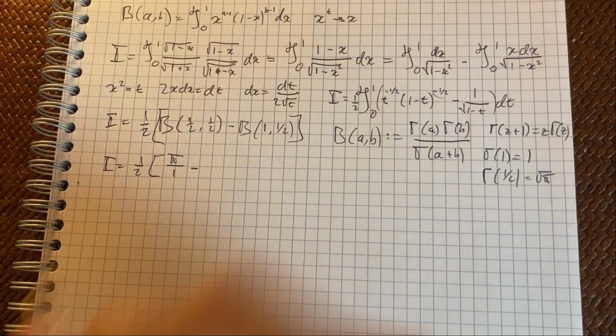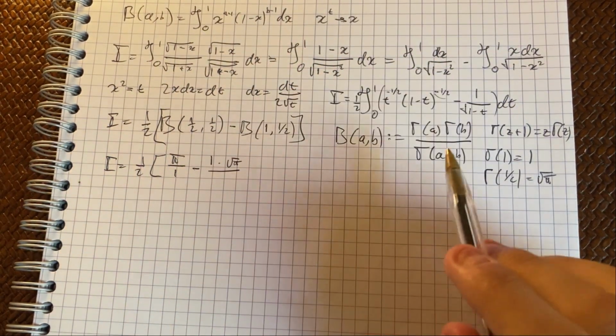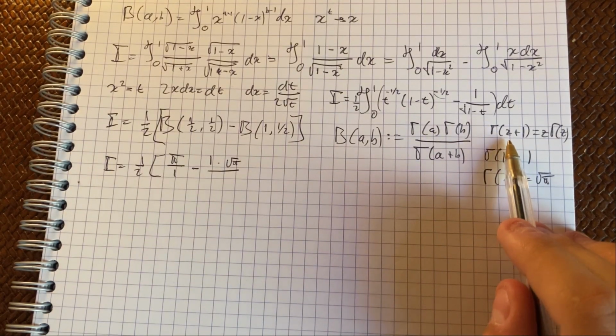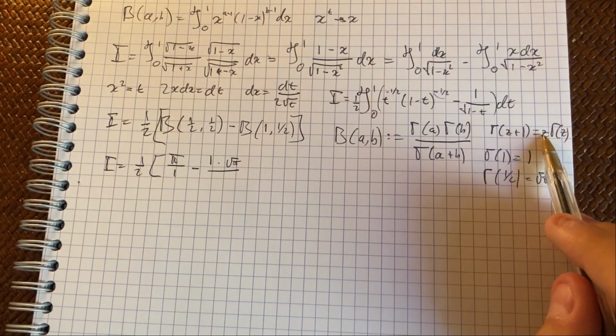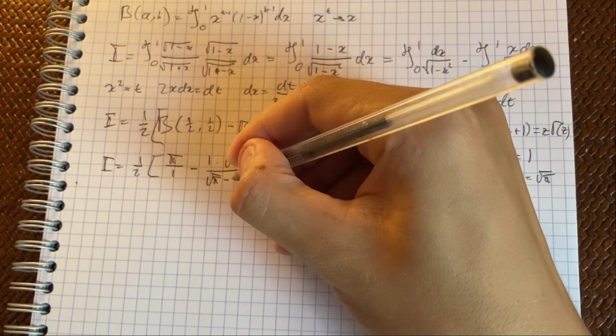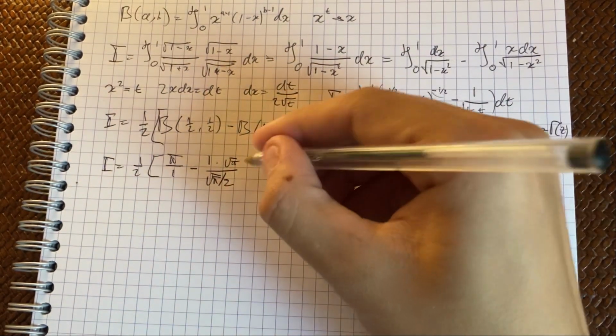So we have 1 square root pi, and then we have gamma 3/2, and using this identity it is equal to 1/2 times square root pi. Here divided by 2.